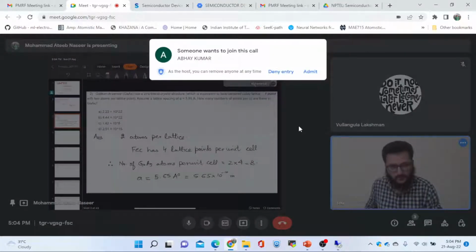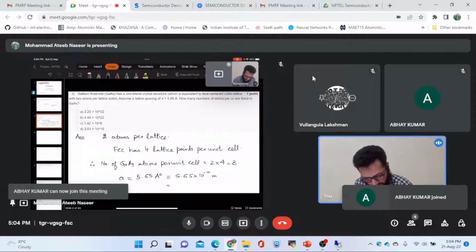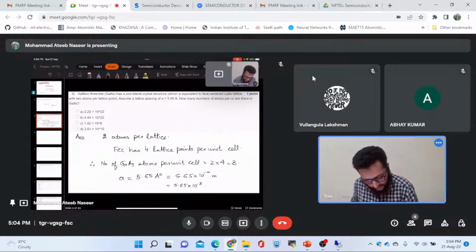If we convert this into centimeters, it will simply be equal to 5.65 into 10 raised to the power minus 8 centimeters. Since this is a cubic lattice, the volume will simply be equal to a cube.